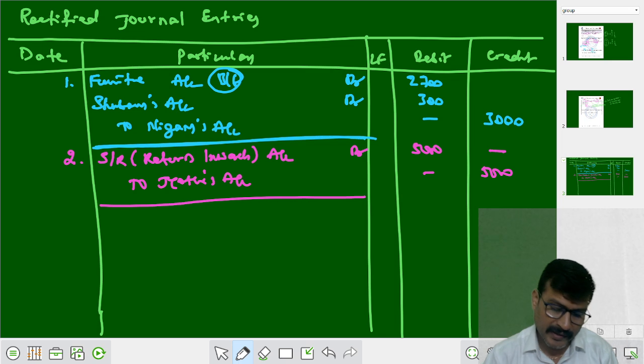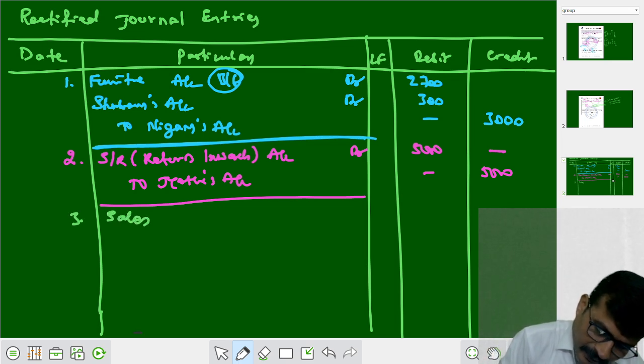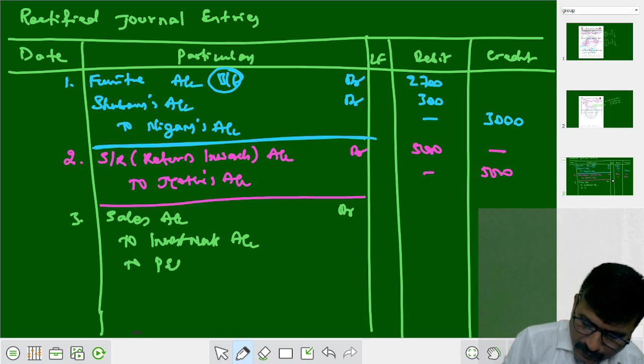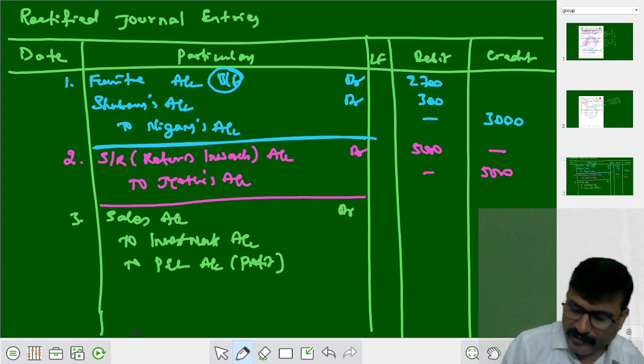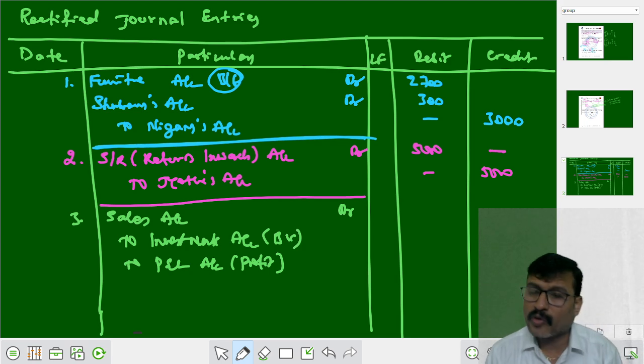So now let us write entry number 3. Sales account debit to investments account, to profit and loss account as a profit. For investment, what value do we have to take? We have to take the book value.